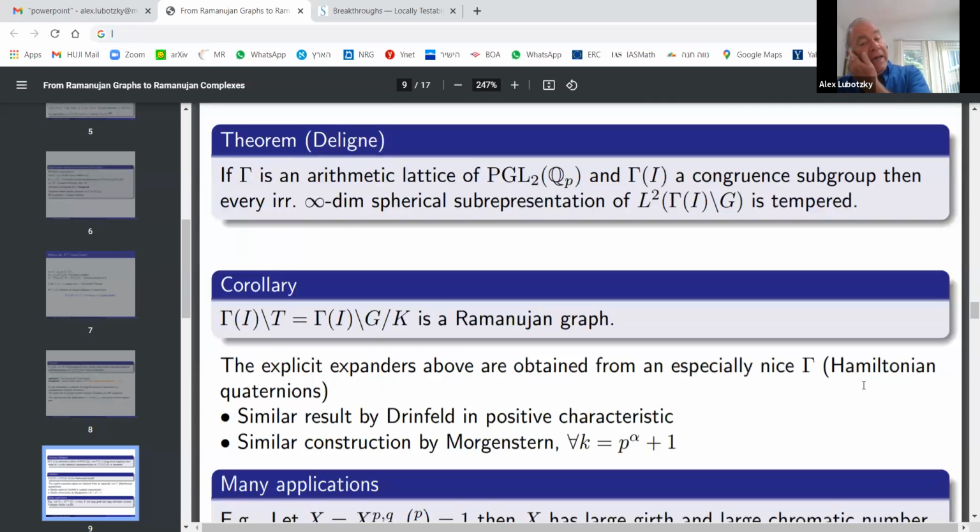The example which I showed you at the very beginning of this talk is just a special case, choosing a very particular, nice example of such an arithmetic lattice gamma. Implementing this corollary to that graph, we deduce that this is an explicit construction of a Ramanujan graph.